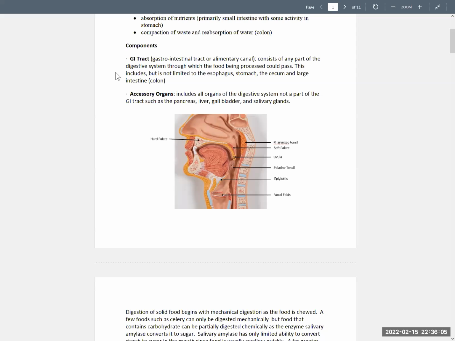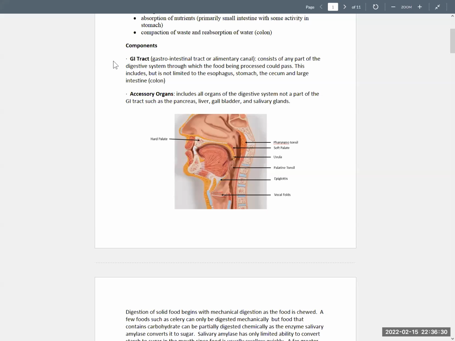It's always just GI tract. And this is any part of the digestive system through which the food that's being processed passes. Well, let's take a marble. You're not going to be able to digest a glass marble. But if you swallow it, from in to out, it's passing completely through the GI tract.